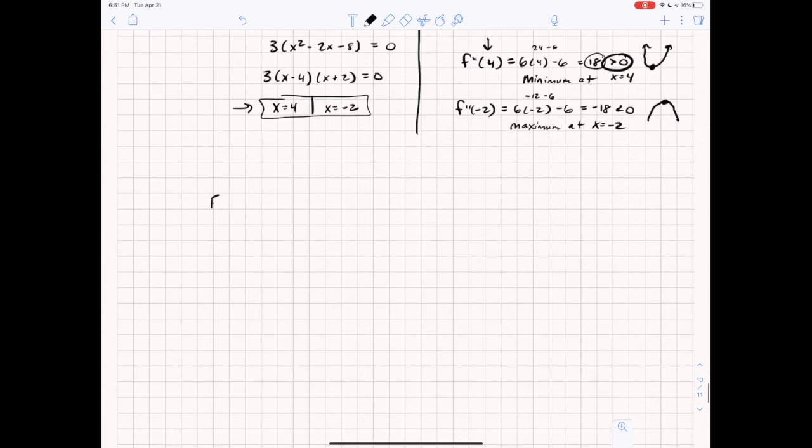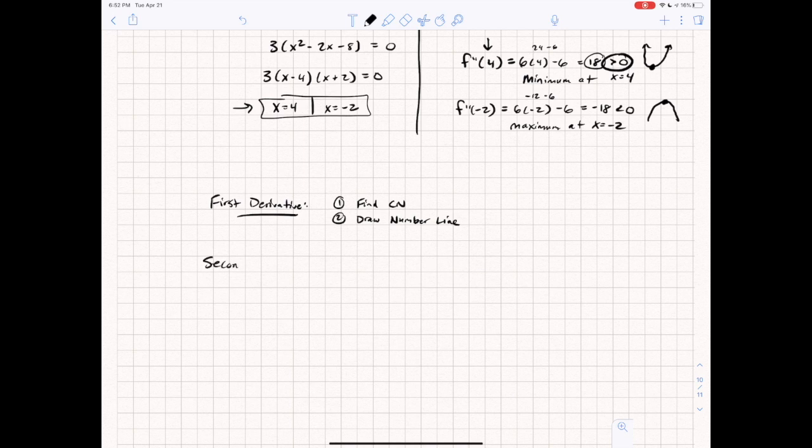So, the first derivative test is concerned with where a function is increasing or decreasing. The steps were to find your critical numbers and then draw a number line, which can be tedious, right?